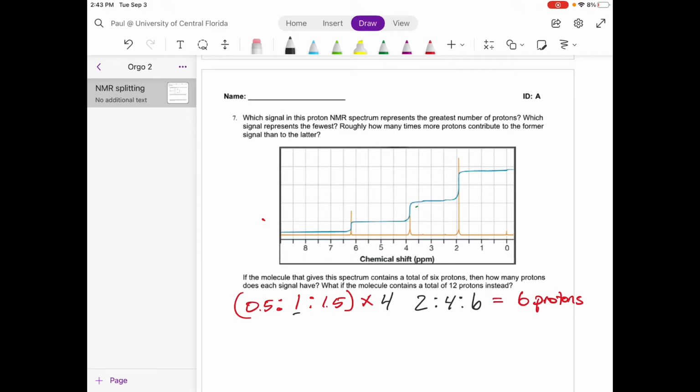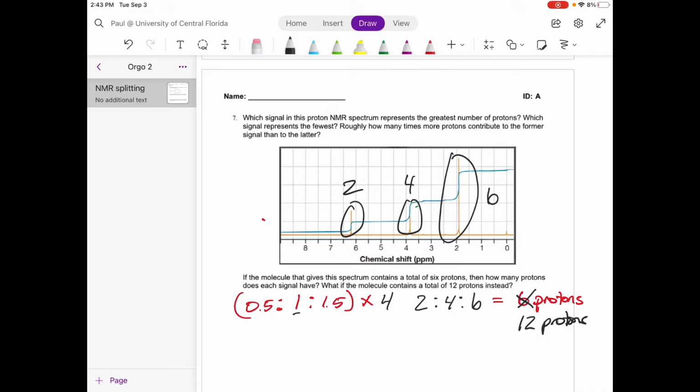So with that ratio, you can see that is no longer 6 protons, that would be 12. In that situation, that same signal could actually mean there's 6 protons, that one would be 4 protons, and that would be 2 protons.